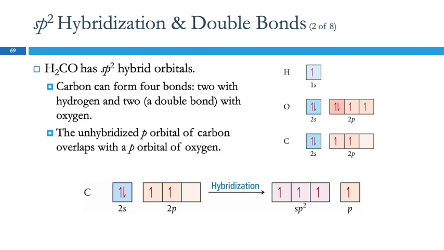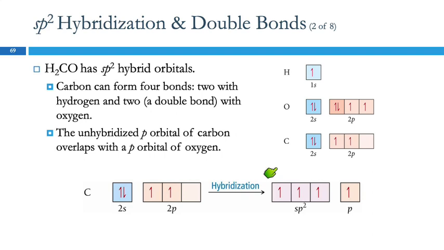So let's look at H2CO. This has sp2 hybrid orbitals. So we take the original S and P orbitals, we hybridize them, we move that wall over, and now what's going to happen is instead of this 4th electron pairing up in here, it's actually going to go up to the P room, and that's because the difference in cost, the difference in energy between these is a lot less now, and the benefit of having its own bed makes it worth it for that electron to go up there.